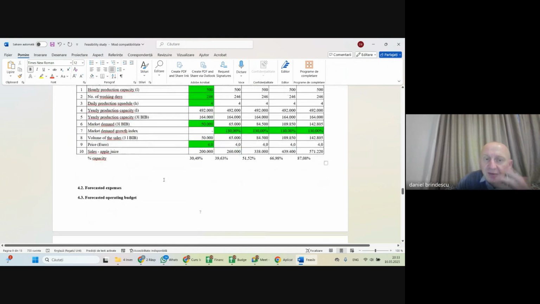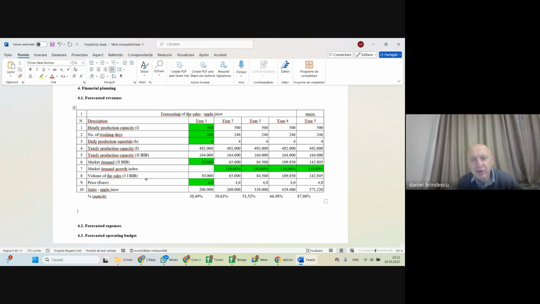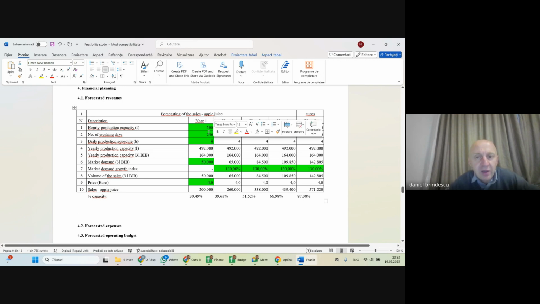And after the table, I would write in a few phrases the fact that the revenues from the selling of the apple juice were estimated taking into account the production capacity, but at the same time the value of the demand. The production capacity was estimated based on the hypothesis that we would be producing for 4 hours a day and so on, whereas the market demand was estimated based on the marketing strategy presented in the previous chapter.